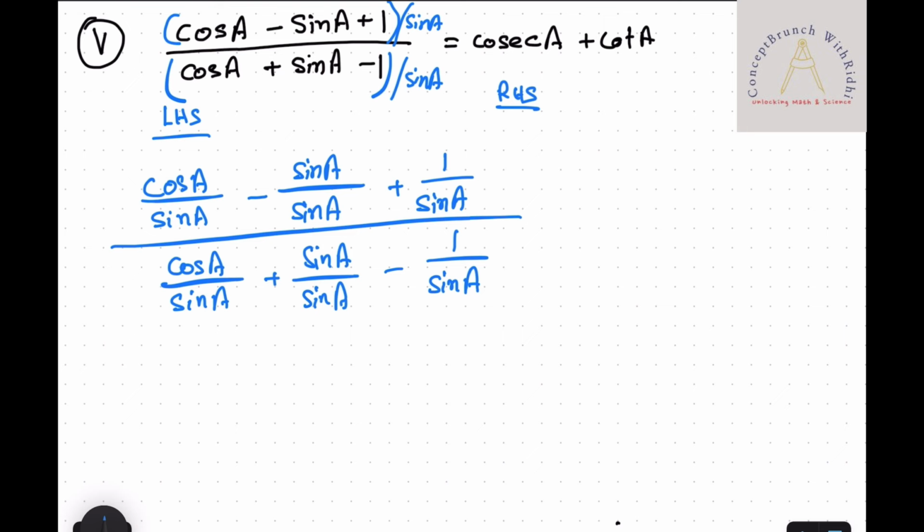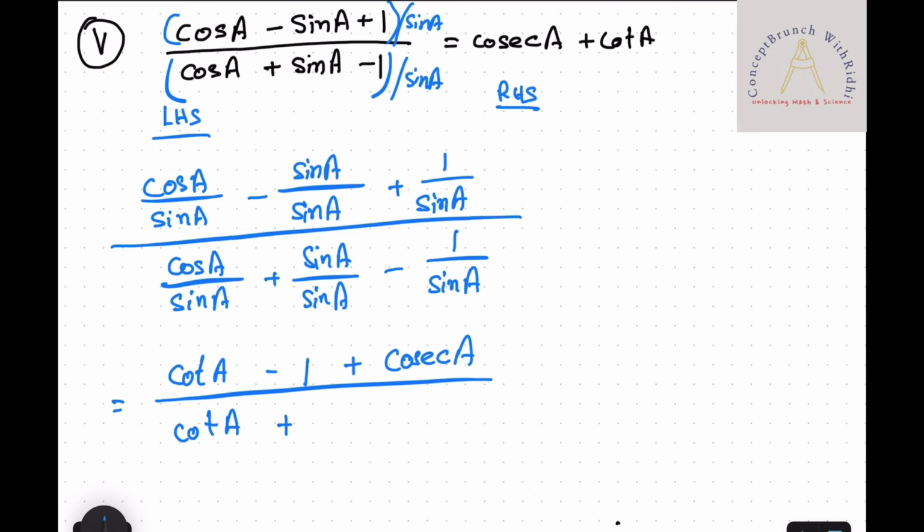So what will be? Cos a divide with sin a will become the cot a, right? So we did all these things to convert into the cot and cosec, right? So this is cot a, sin a divided by sin a is minus 1 and 1 over sin a is cosec a, right? Down. Cos a divided by sin a is cot a, this is plus 1 and minus of cosec a, correct?